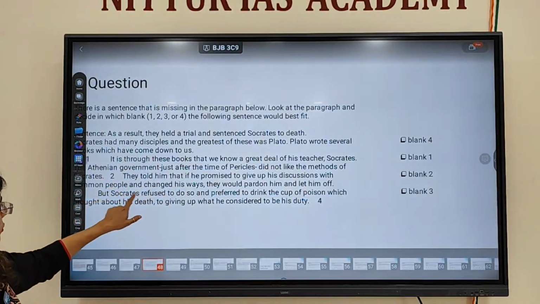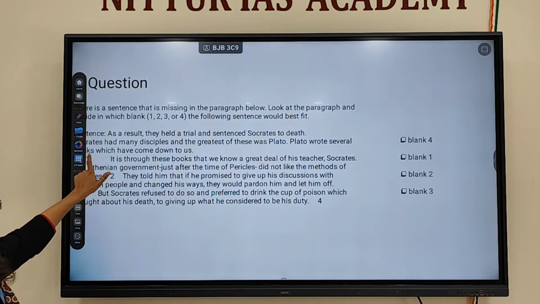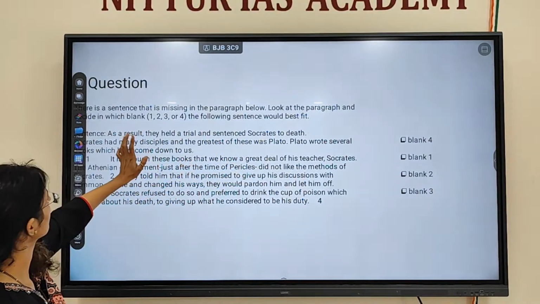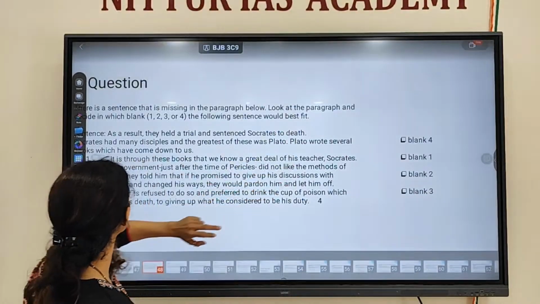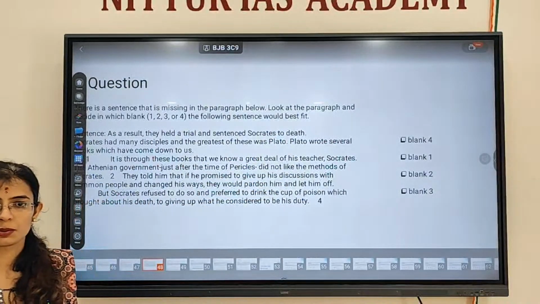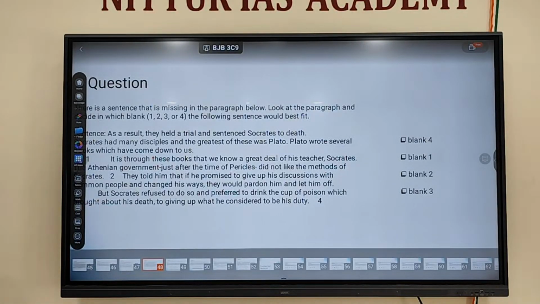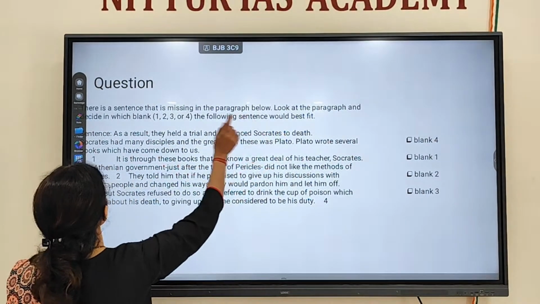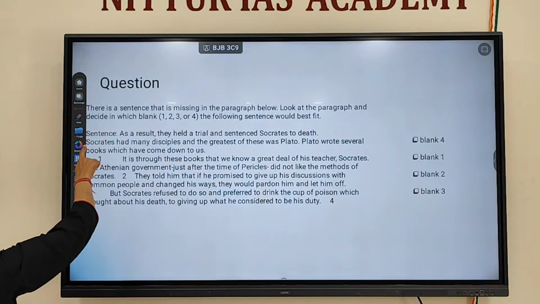This is the third. One is this from here, Plato. Second is this, third sentence is this, and fourth one is this. You got? Yes, ma'am.